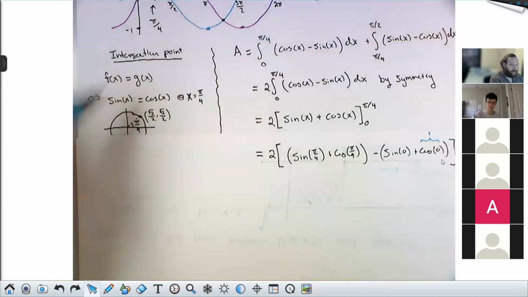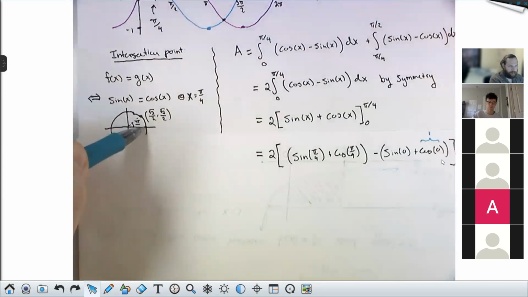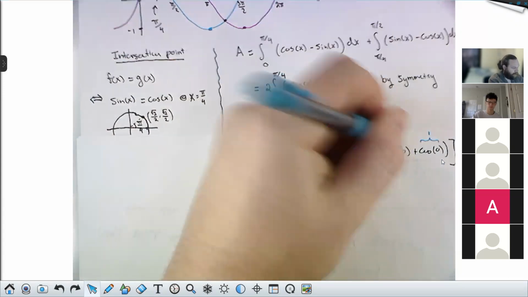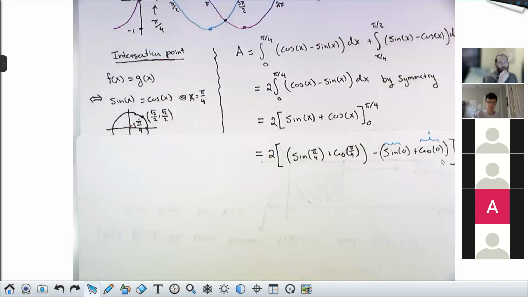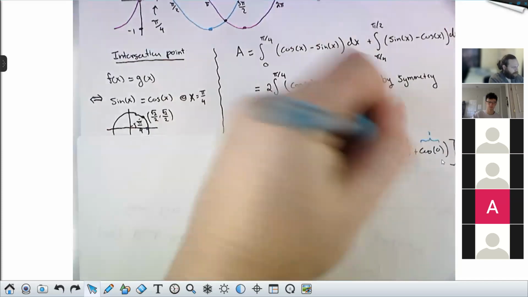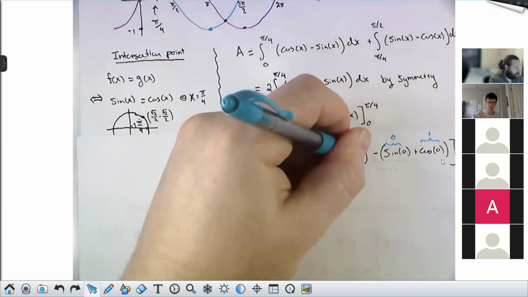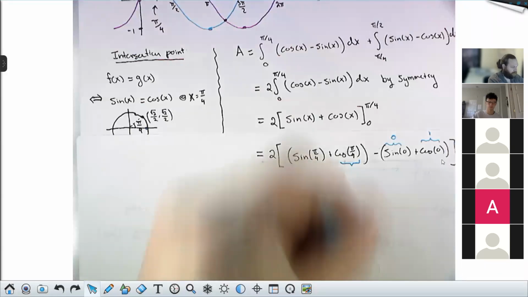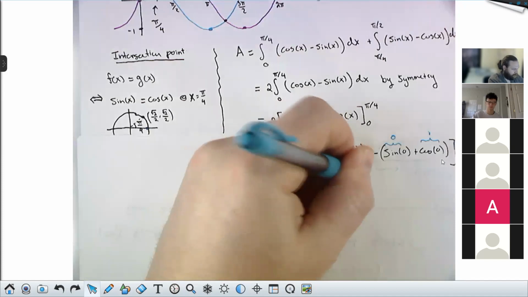Right? The x coordinate, if you rotate 0 radians up right here on the unit circle, the x coordinate is 1. What is the sine of 0? What is the y coordinate at that same point? Excellent, 0. Okay, what is the cosine of pi/4? Square root of 2 over 2. Good, √2/2.